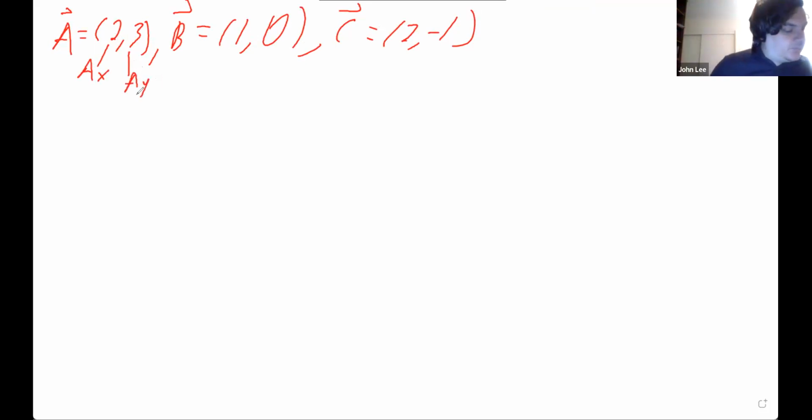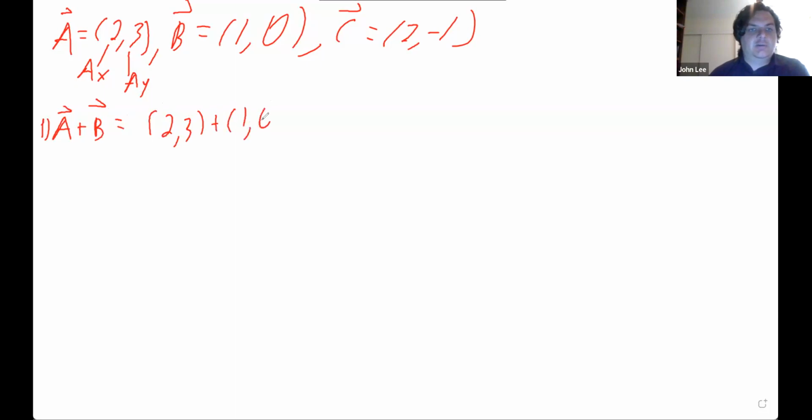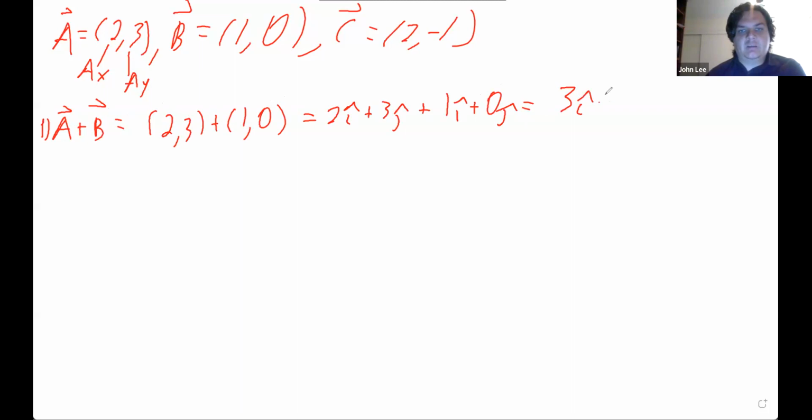Then in order to find A plus B, we take A plus B equals 2, 3 plus 1, 0, equals 2i plus 3j plus 1i plus 0j, which is equal to 3i plus 3j, which is equal to 3, 3.